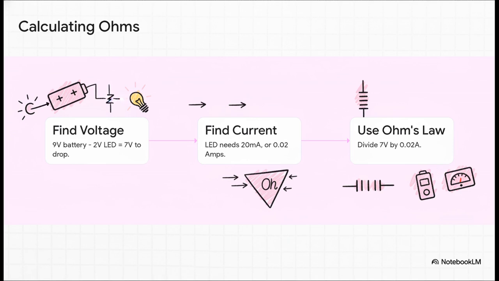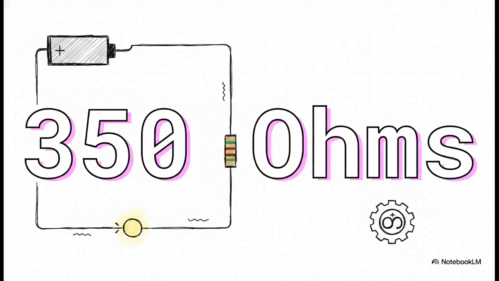So resistance equals voltage divided by current. That is 7 volts divided by 0.02 amps. Do that simple division and you get 350. That means to safely light up our LED using that 9-volt battery, we absolutely need to place a 350 ohm resistor into the circuit. And just like that, you've used fundamental theory to solve a very real, practical problem.